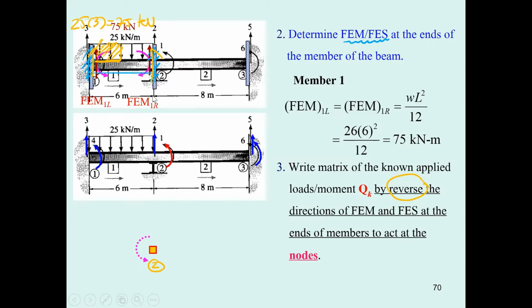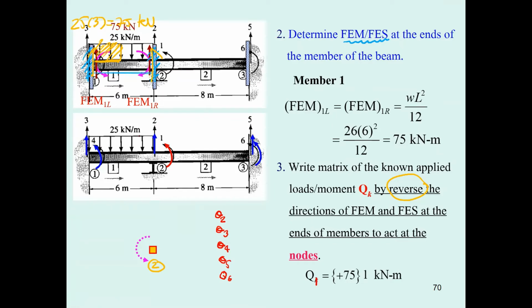So your Q sub K is going to be very easy. Just see the direction of the pink and the red, the same direction, so it's positive. And I should tell you that this is going to be Q sub 1. And how about what you have for Q sub 2, Q sub 3, Q sub 4, Q sub 5, and Q sub 6?